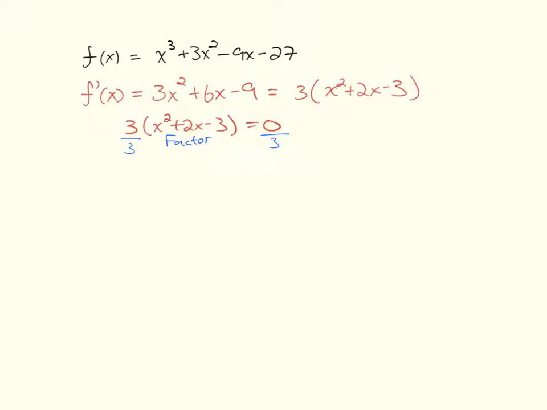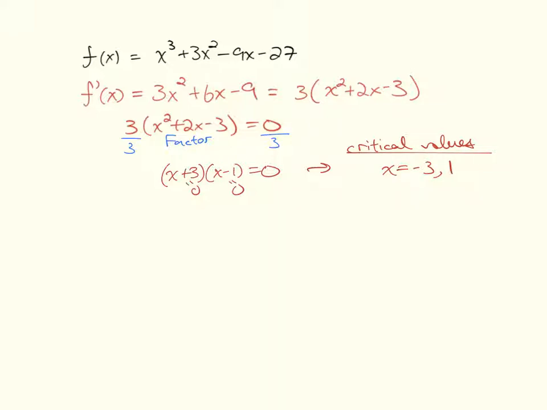So I will be left with x plus 3 times x minus 1 equals 0. And from here, I can set each of these factors equal to 0, and I will get that the critical values are x equals negative 3 and positive 1.